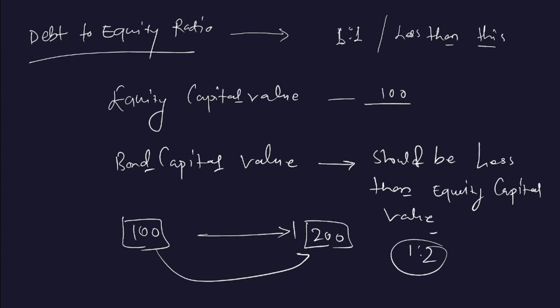So for every one equity, there is a high liability on this company. And eventually, if this company declares bankruptcy, or declares that they want to shut down their business operations, equity holders' value will be zero automatically, just because of the high debt.